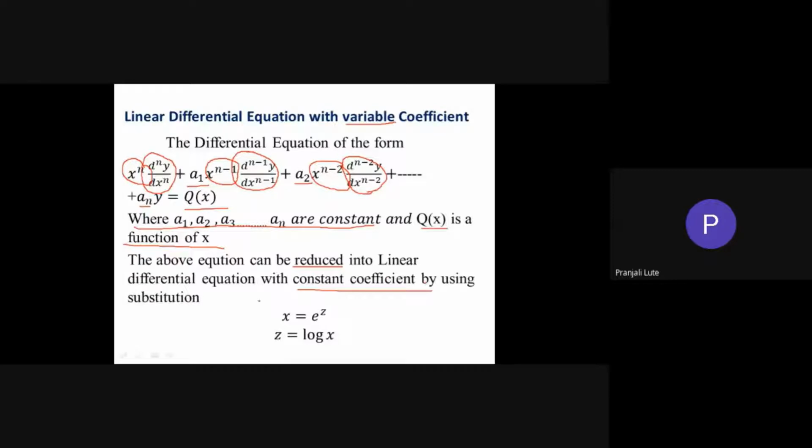By using the substitution x equal to e to the power z, means we have to substitute e to the power z in place of x, and then we shift this exponential term to the other side, that will be z equal to log of x.